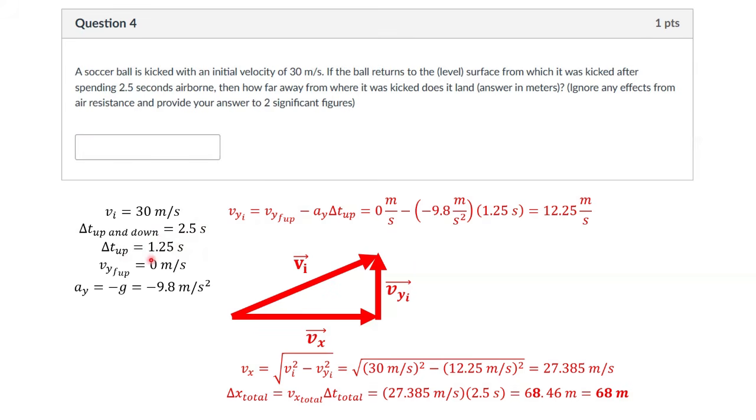We implicitly know that. We also know that when we reach that highest point, we will have a y component of velocity of 0 meters per second at that time. So when we come to the conclusion of the rise period of time, the instantaneous y component of velocity should be 0 meters per second.